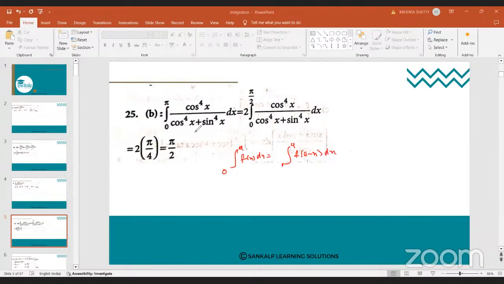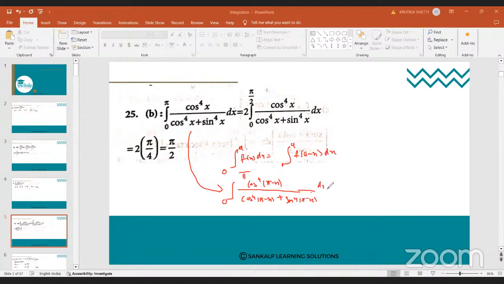When you apply the property, this will be in the form of the integral from 0 to pi of cos raised to 4 of pi minus x divided by cos raised to 4 of pi minus x plus sine raised to 4 of pi minus x.